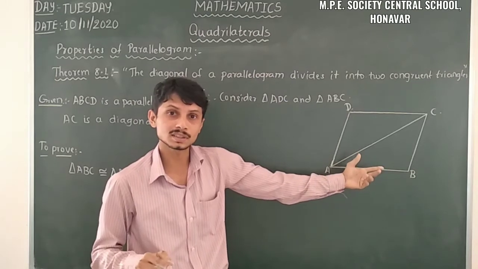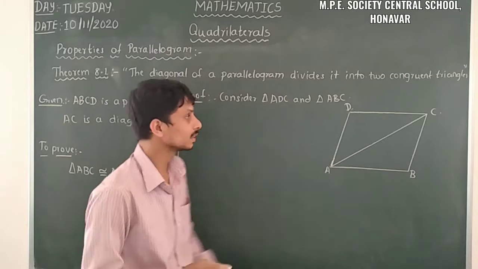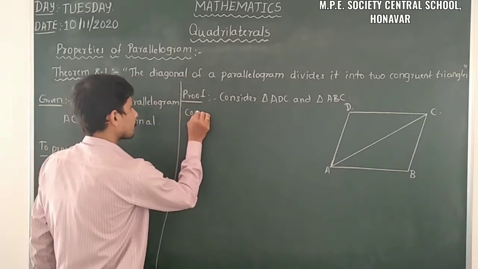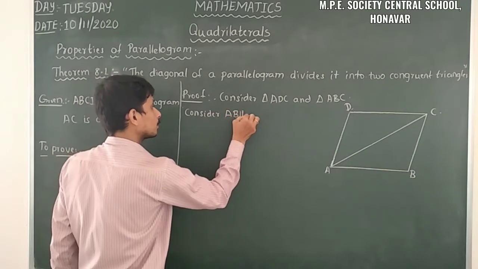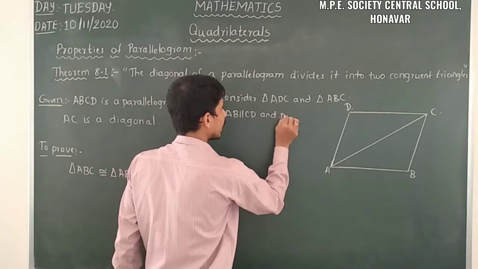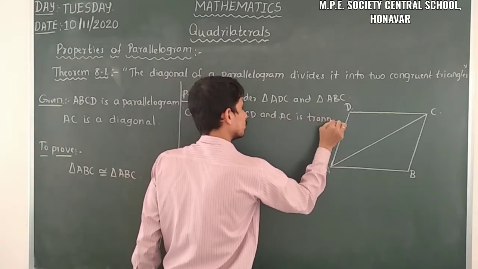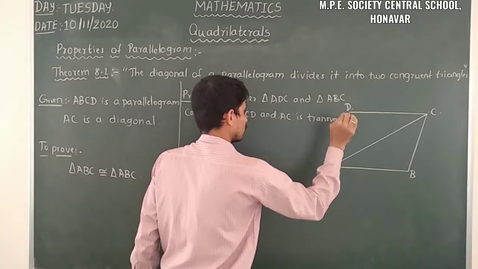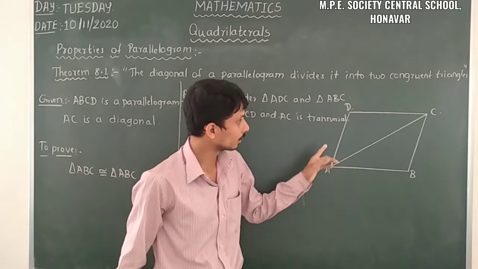Let us consider AB is parallel to CD and AC is a transversal.